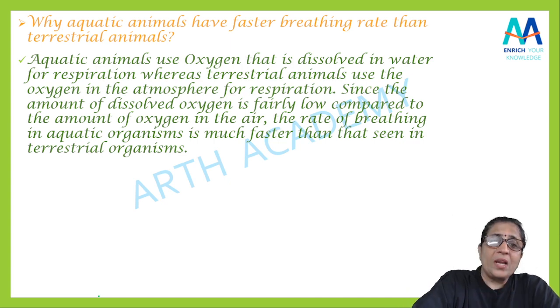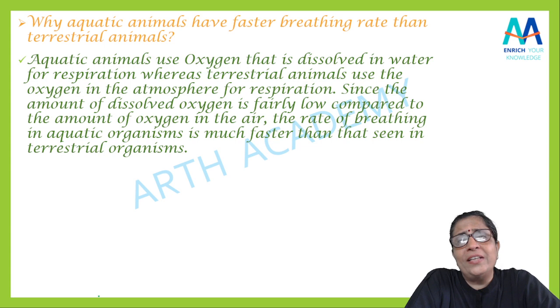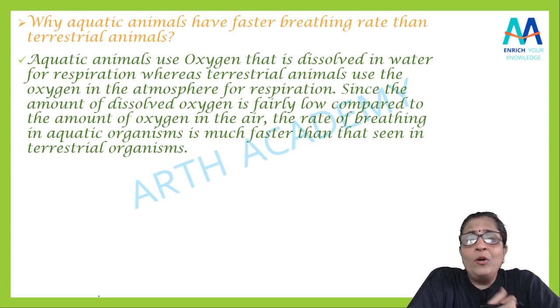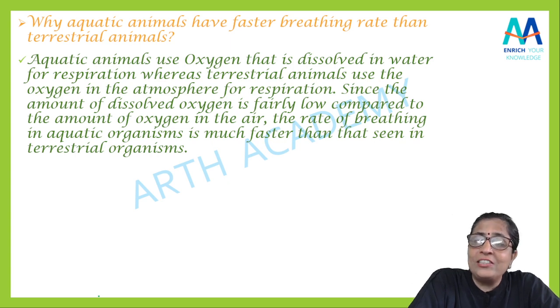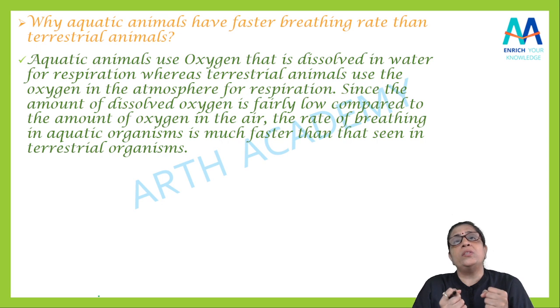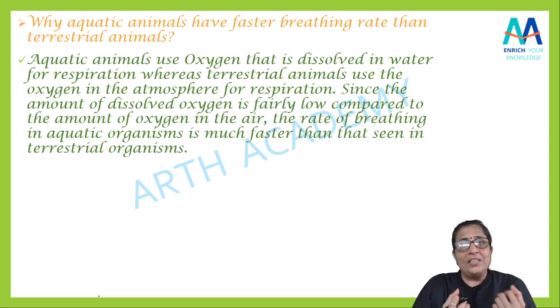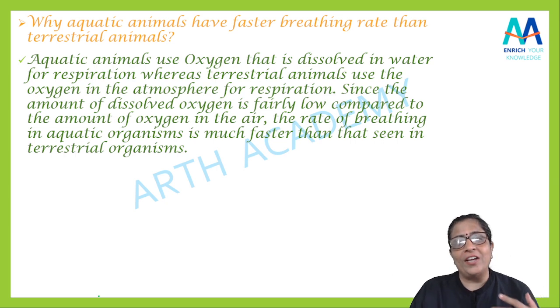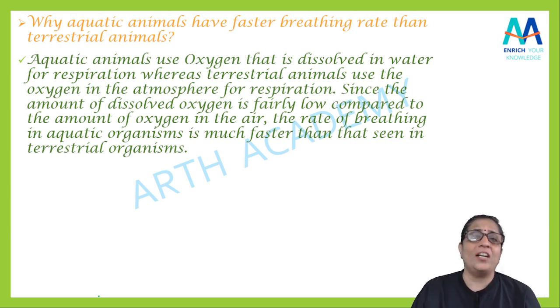So the terrestrial animals have a lot of oxygen to take, and the amount of oxygen which is in a dissolved form is very less as compared to the atmospheric oxygen. That's why we can say that the aquatic animal, उनके पास पहले ही कम है ऑक्सीजन, तो उनको वो ऑक्सीजन कंटिन्यू देने के लिए उनका जो ब्रीथिंग रेट रहेगा वो बहुत फास्ट रहेगा. They breathe very fast, yes, as compared to the terrestrial animal.